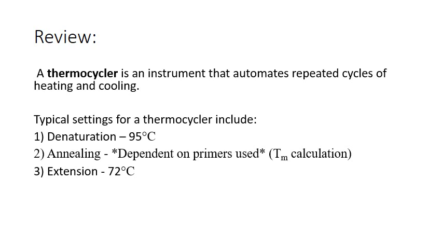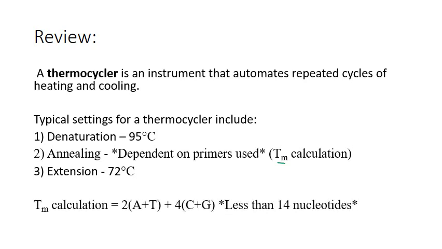The typical settings for a thermocycler include, first, denaturation, which is around 95 degrees Celsius. Then the next step, the annealing: we've learned how to calculate that TM, and that depends on the primers you use, how big that primer sequence is, and how GC rich it is. And then the last step is the extension, which is always going to be somewhere around 72 degrees. That's optimal for Taq and Pfu polymerase.